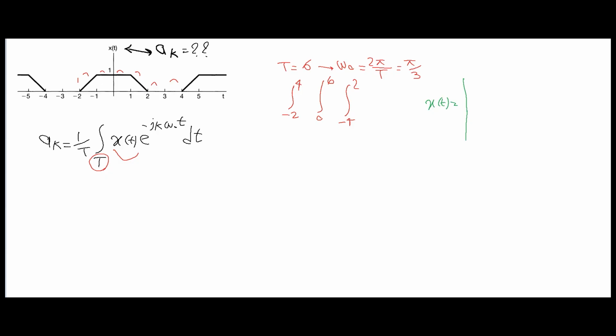Next, we need to define x(t) over one period. For example, we can choose the interval from -3 to 3. Then we express x(t) as follows.